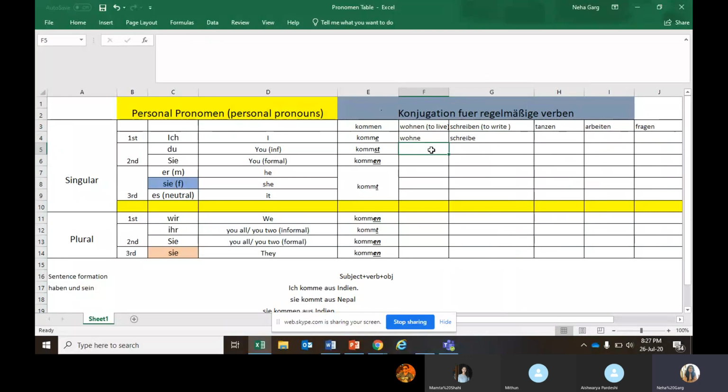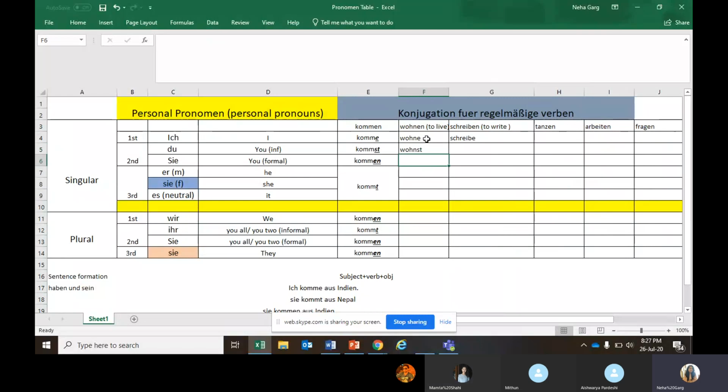Then similarly with du, the verb conjugates with st. Du kommst. With wohnen, du wohnst. So take it in a way.